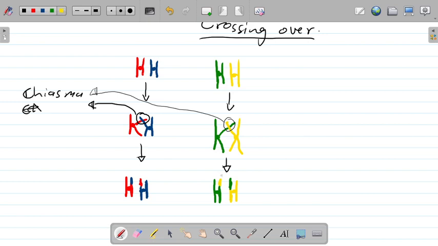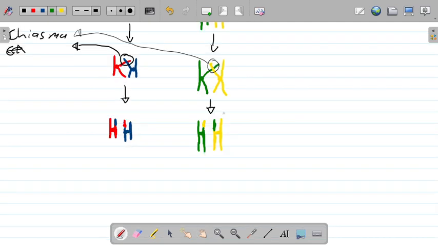Remember, these ones are slightly longer. They will look something like this. Great, that's after crossing over. Now we have a recombination of DNA over here. Now we have genetic variation in this cell.